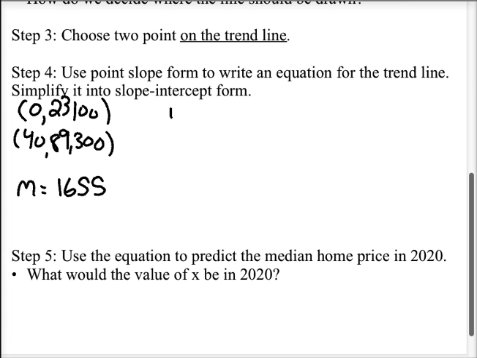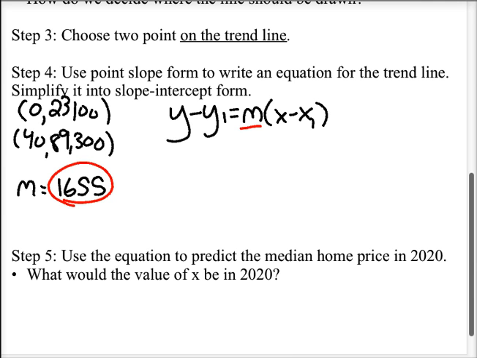And now we want to write an equation in that point slope form. So remember, that's the generic form of that equation. So let's start plugging stuff in. I already have my slope, and I need to choose a point. I'm going to choose the one with 0 because zeros tend to be a little bit easier to work with.